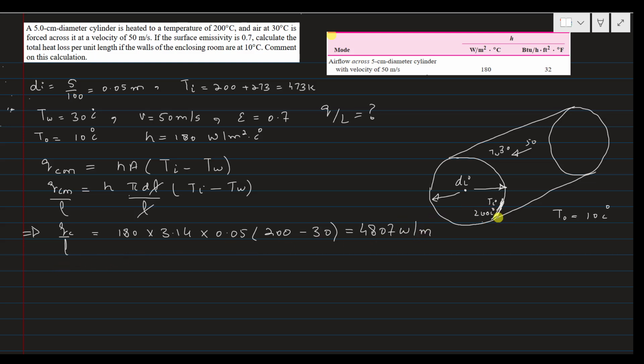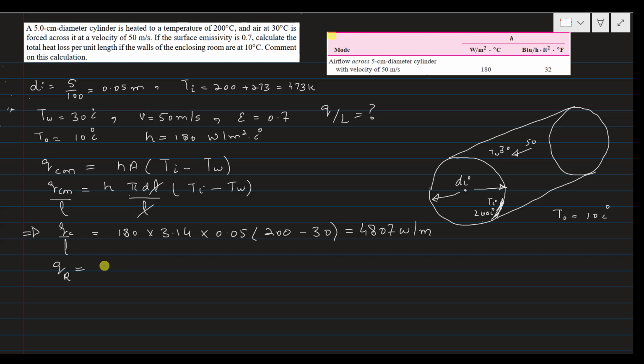Now for the heat transfer from the wall to the enclosing room, there is no medium, so that will be radiation heat transfer. We can solve this according to the Stefan-Boltzmann law.